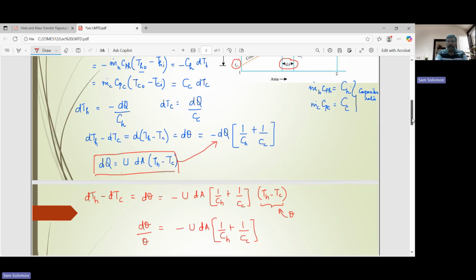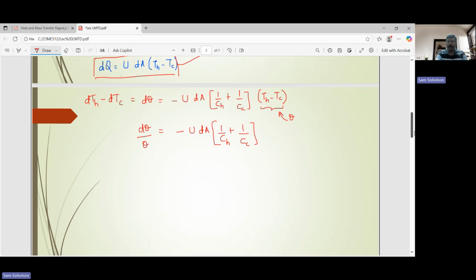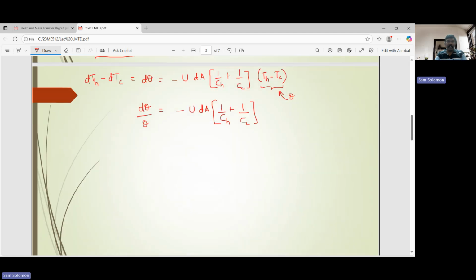Now you have got a differential form of equation, and this can be integrated on both sides. So we are going to have ln theta between the limits 1 and 2, which is going to be equal to, so u is a constant with reference to A, and 1 by CH plus 1 by CC is also going to be a constant with reference to dA.